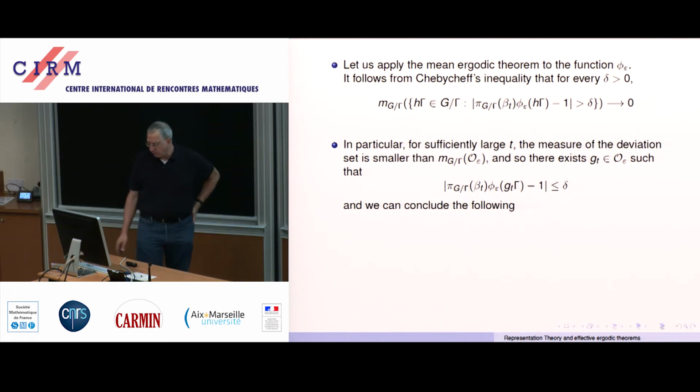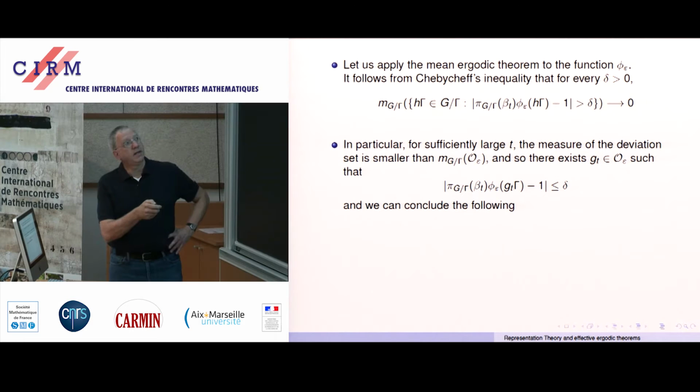So in particular, for sufficiently large t, the measure of the deviation set is smaller than the measure of this little neighborhood. And so there must exist g_t in this neighborhood which is not in the deviation set for sufficiently large t.